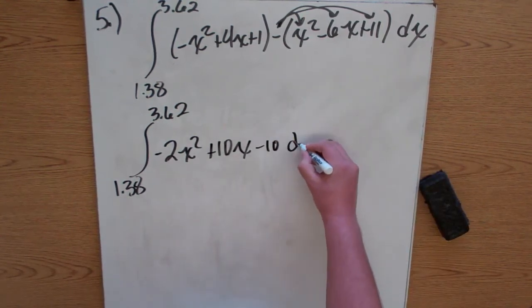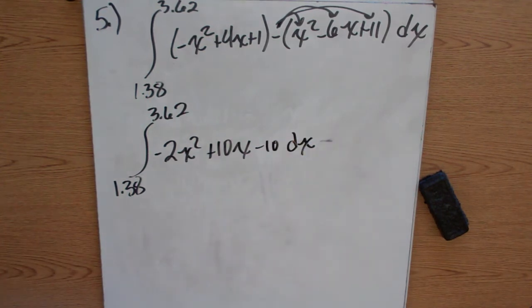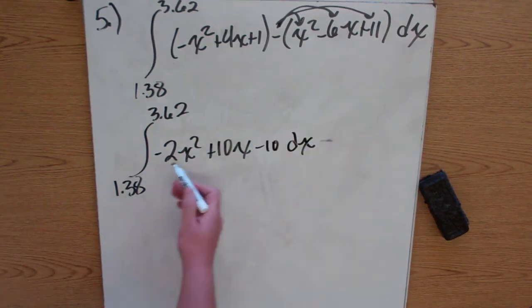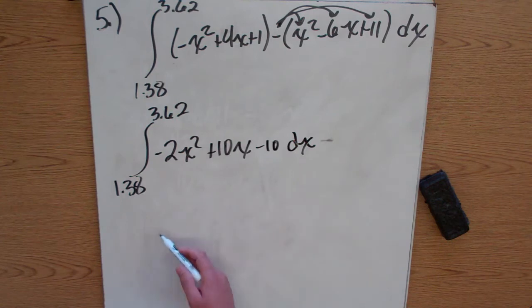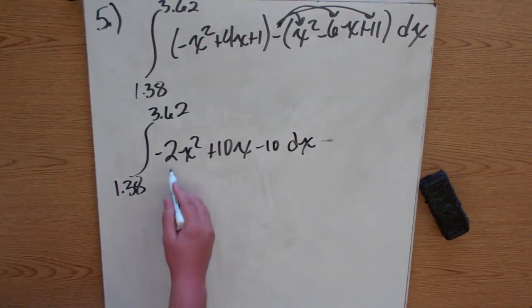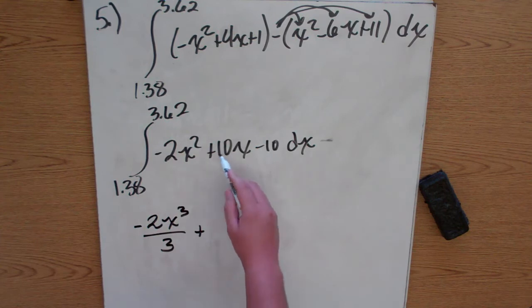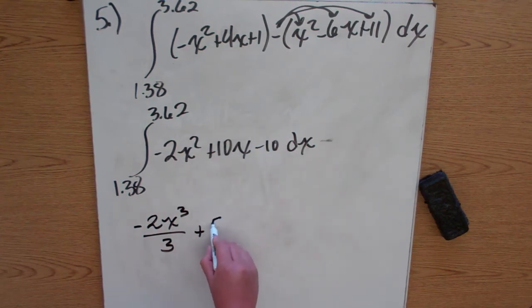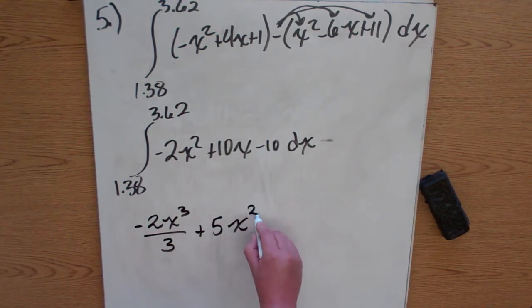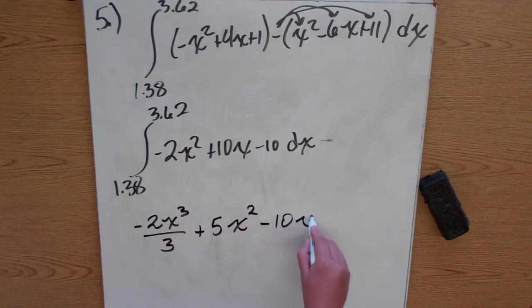Sorry about that. So now all we have to do is take the antiderivative of this function and evaluate it, and we're done. So this would go to negative 2x cubed over 3 plus 10x squared over 2, or just 5x squared, minus 10x.